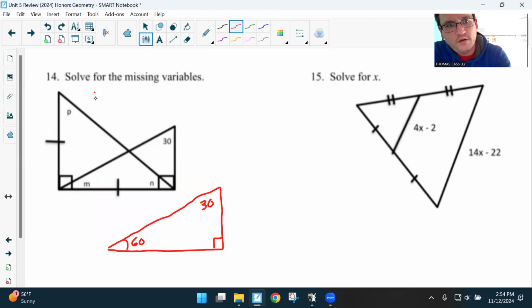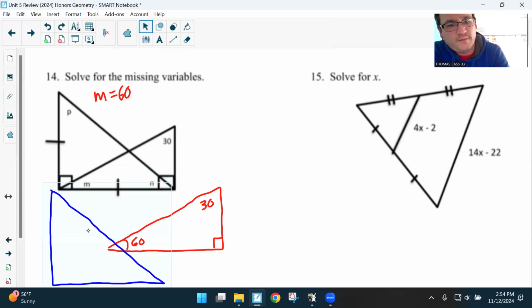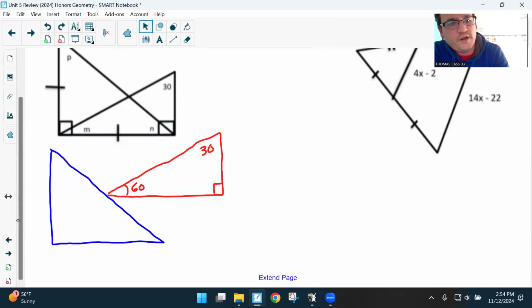All right, so M equals 60. Now let's look at this other one, P. This triangle here.